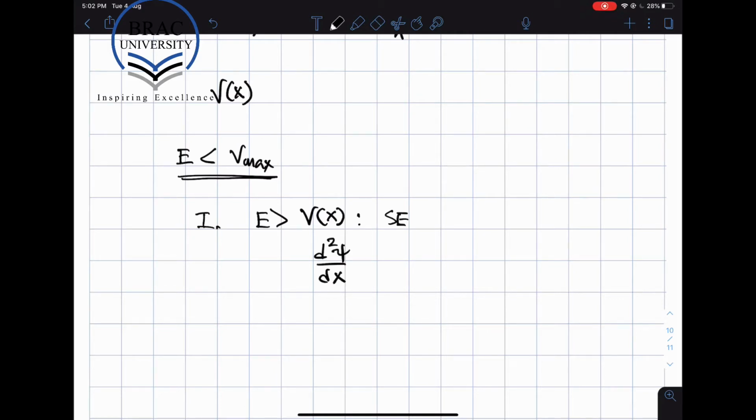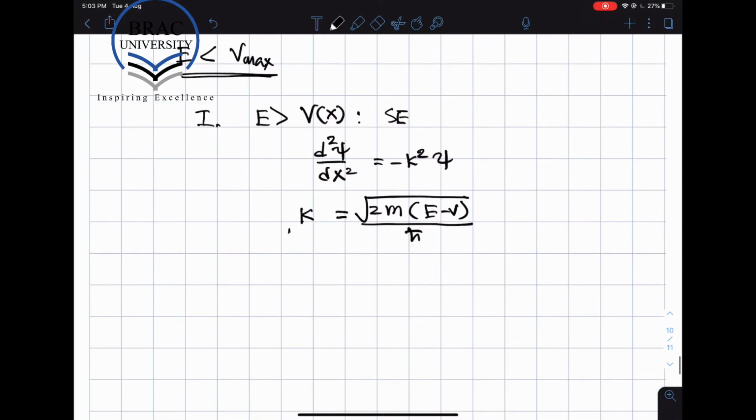It's a second order differential equation, where k squared is a positive number related to the kinetic energy. The kinetic energy in this case will be a positive number, and therefore k will be a real number. So this is one region.